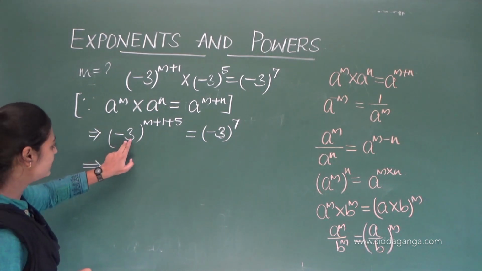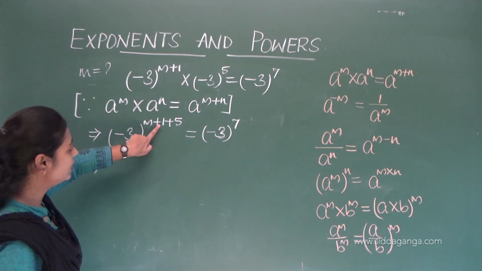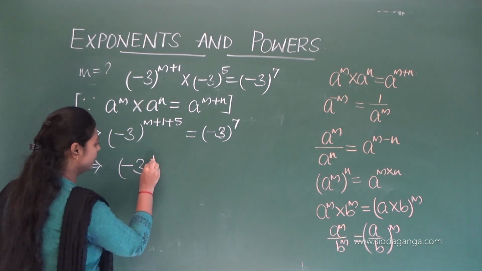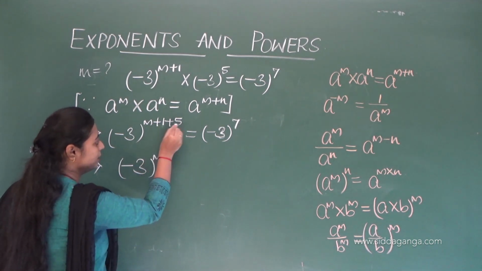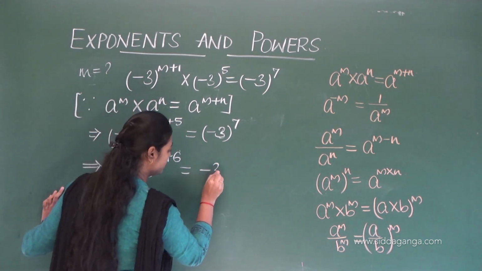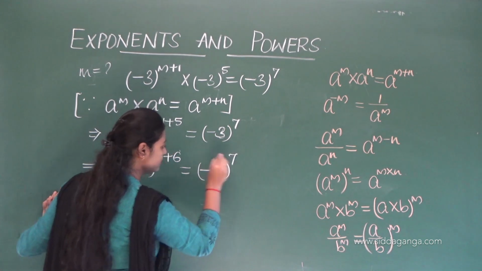So -3 whole power m plus 1 plus 5 is 6: m plus 6 is equal to -3 whole power 7.